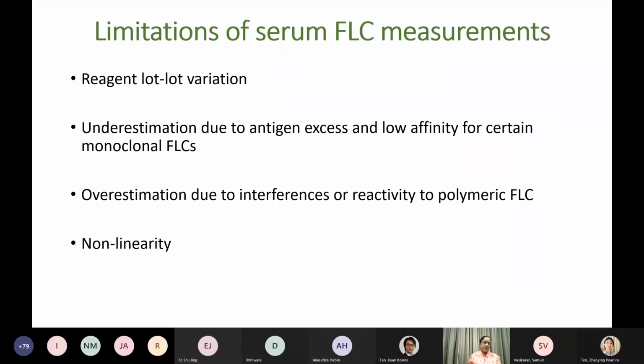Although free light chain quantification provides notable improvements over previous methods in detecting monoclonal free light chain, it is a complex method and has its own problems. The fact that it is measuring a heterogeneous molecule that differs in charge, amino acid composition, and size makes it vulnerable to issues with consistency, linearity, antigen excess effect, and sometimes lot-to-lot variations.